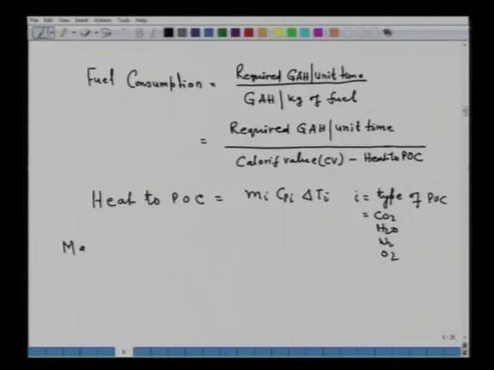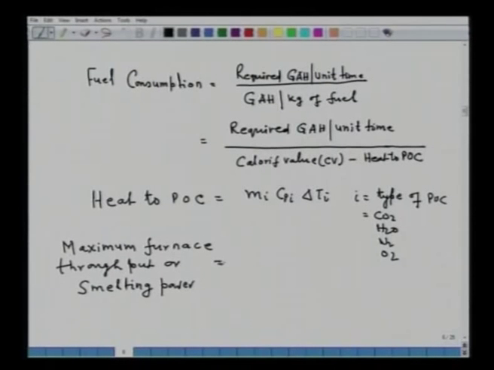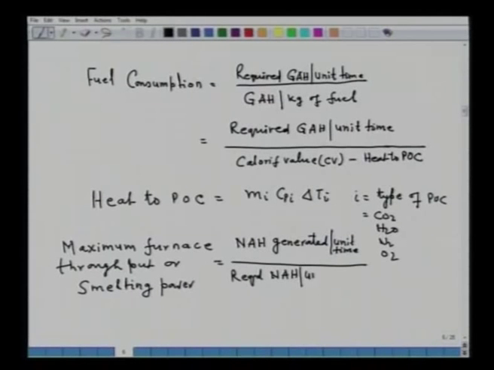Then we can define the term maximum furnace throughput or smelting power, that will be equal to NAH, net available heat generated per unit time, upon required net available heat per unit throughput.